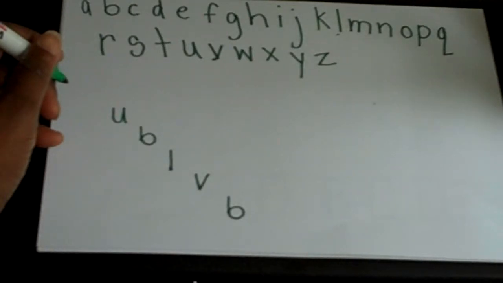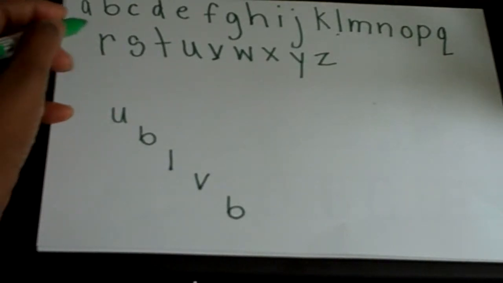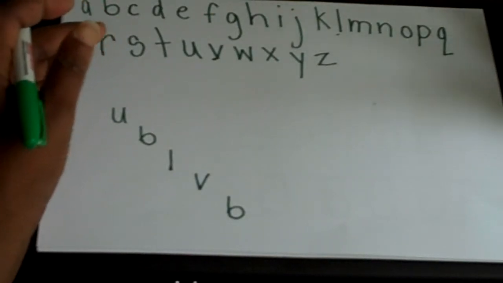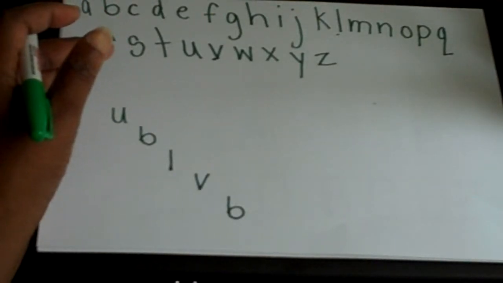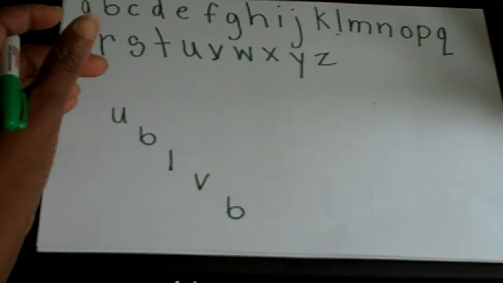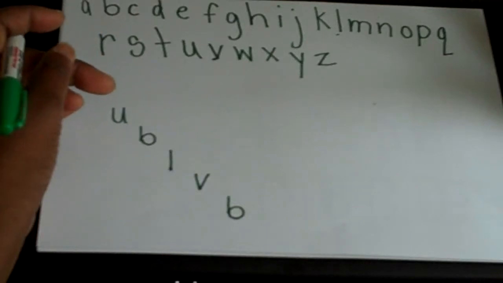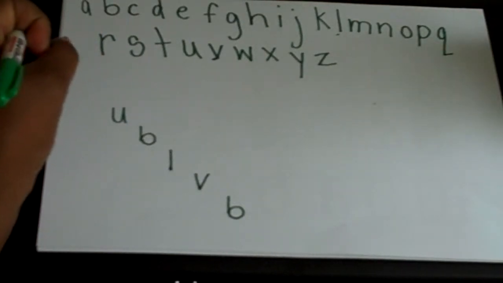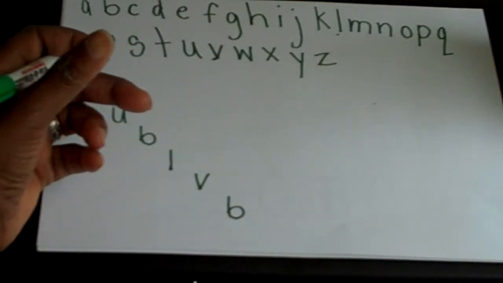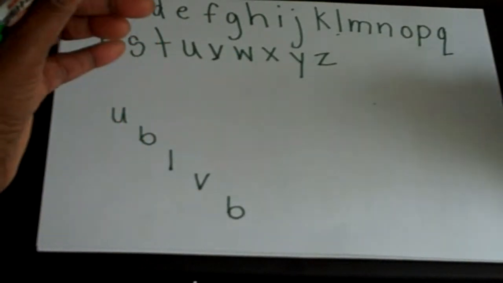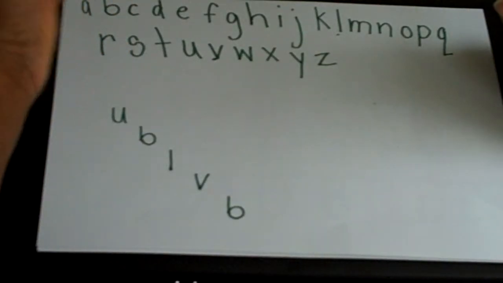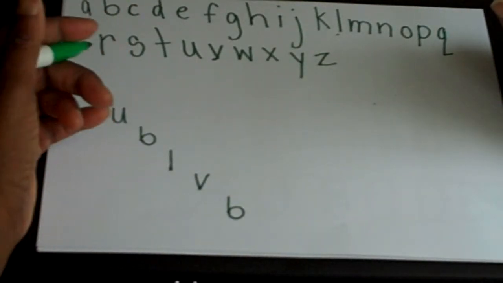Let's see, grasshopper. One of the mistakes that happens when you're learning how to do syllables is you slow your words down, so you begin to write down sounds like grasshopper.